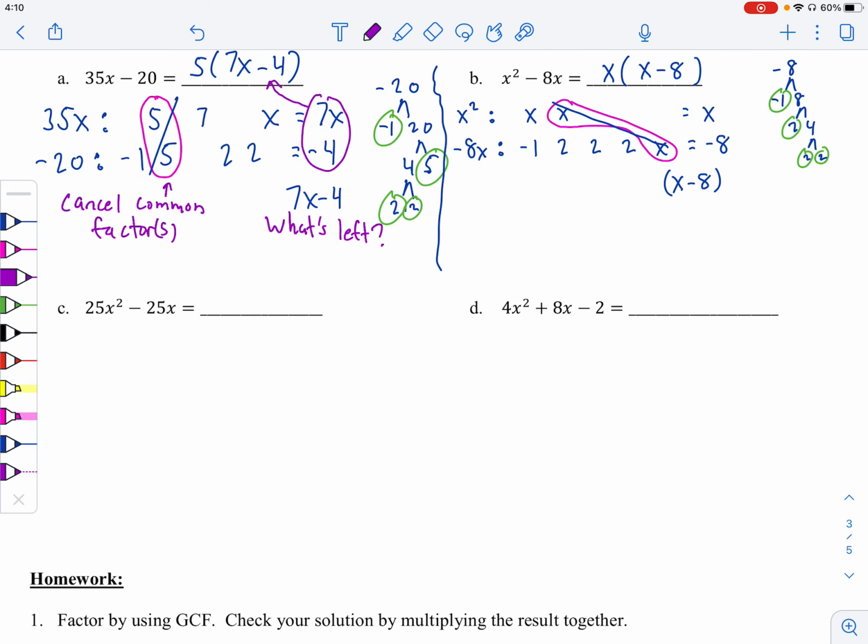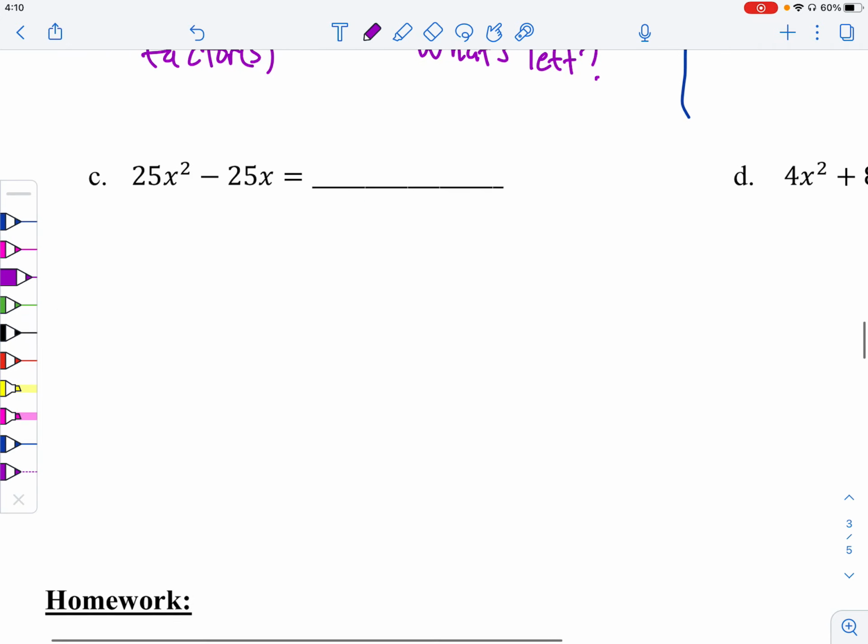Okay, so let's write the next one. Let's look at all our factors again. So 25x squared, let's write that out. 25 is 5 times 5, right? So 5, 5. Well, we have two x's, because x squared.